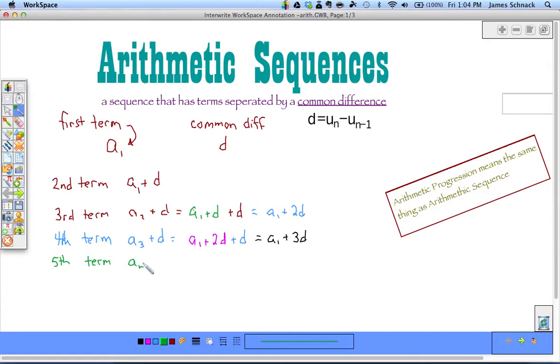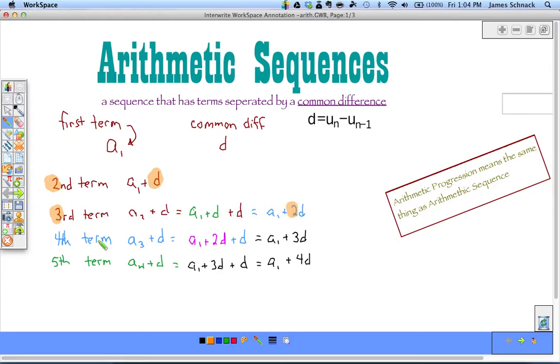That would be the fourth term plus the common difference. And the fourth term was A1 plus 3D plus this common difference. So this would be the first term plus 4D. Seeing a pattern yet? Well, let me highlight a couple things. Second term, add D. Third term, add 2D.